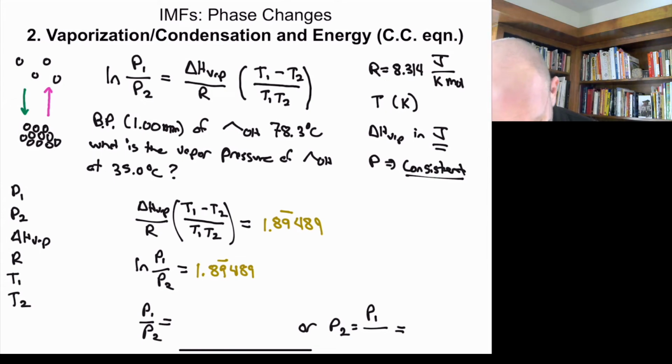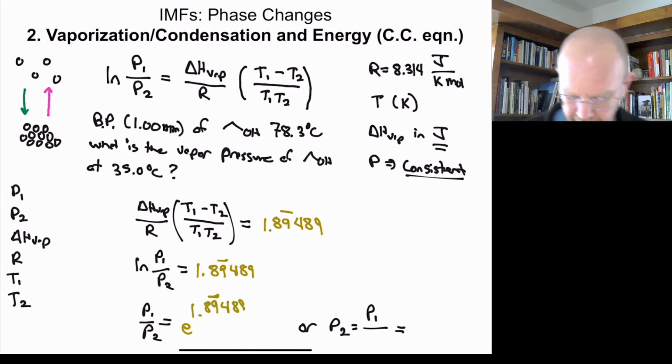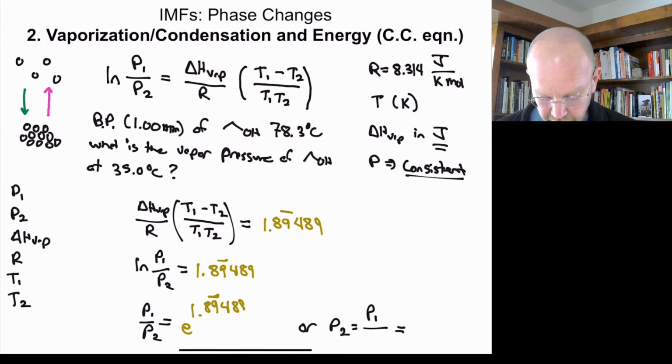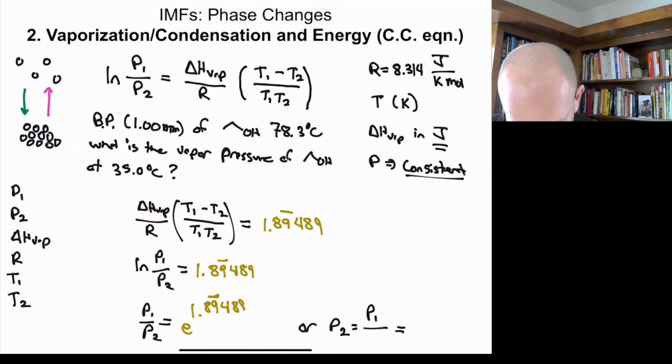So one way we could write P1 over P2 is e to the 1.89489. We know that we have 3 sig figs in that number, 1.89. So what is the rule that tells us what the result is when we plug it into our calculator?